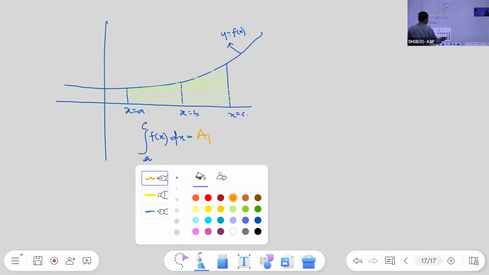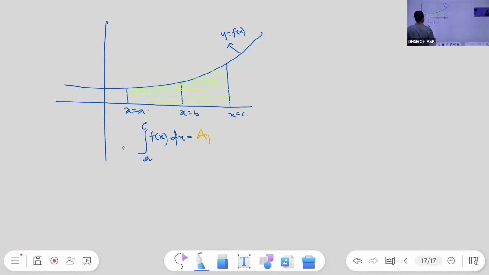Okay. Then the integral from C to B of f of x dx is equal to this area. The integral from C to B means in the left hand side direction, so this area will be a negative area. Okay. Let it be equal to minus A2.